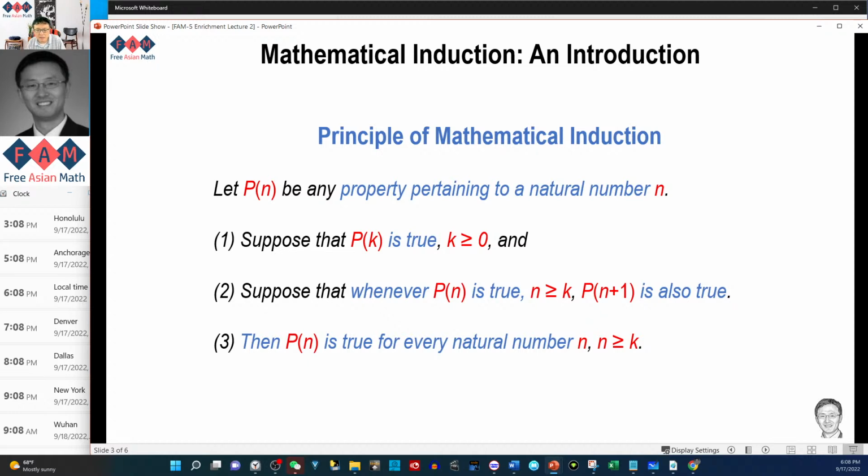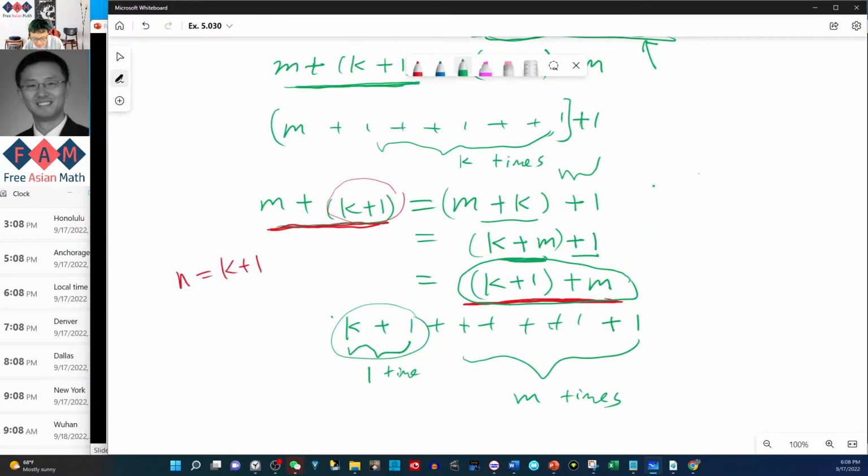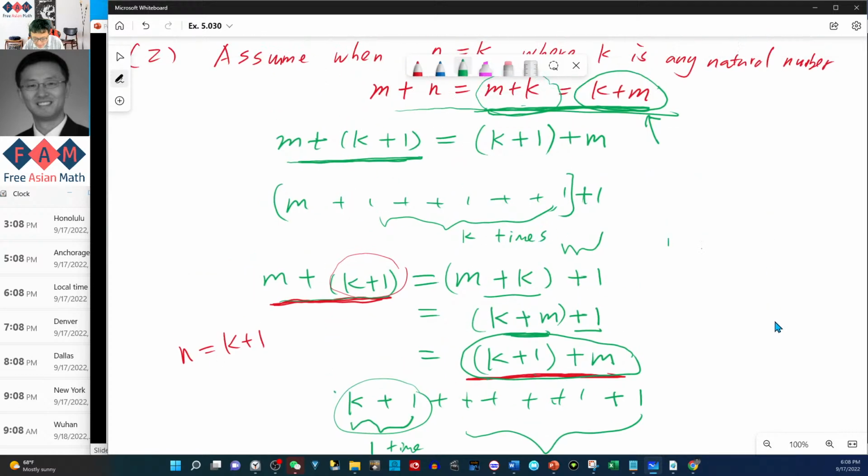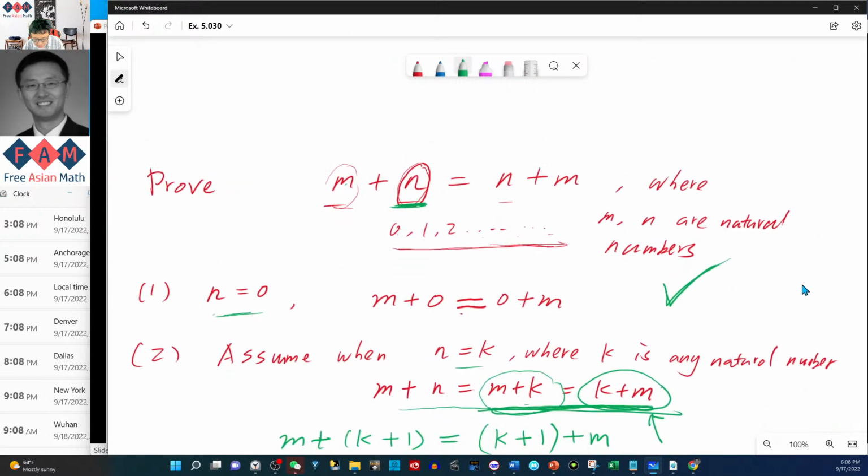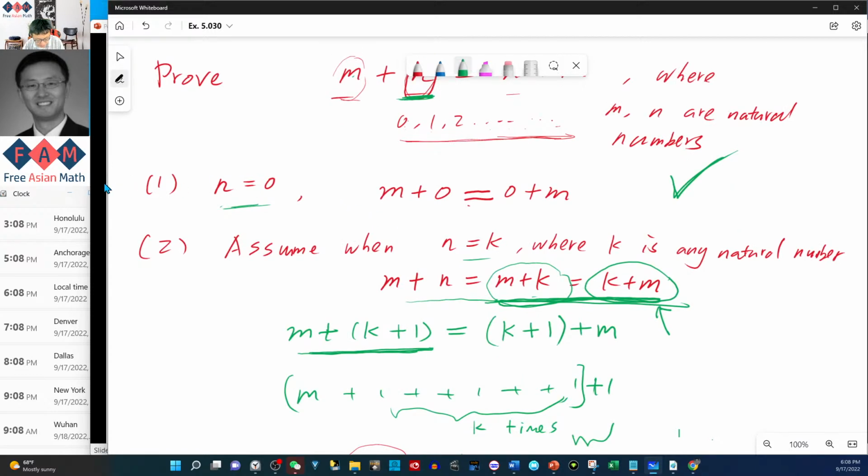Therefore, based on the principle of mathematical induction, we can conclude that P(n), this property, is true for every natural number. And what is the property we are talking about here? The property is just the commutative law that we want to prove.